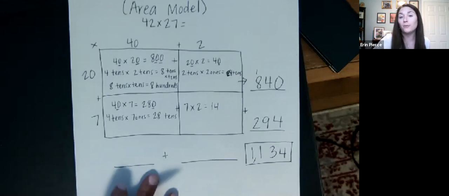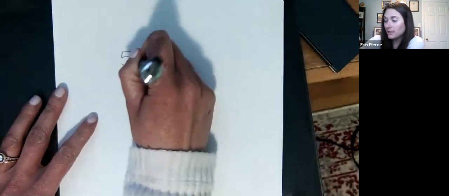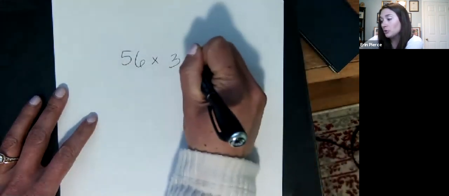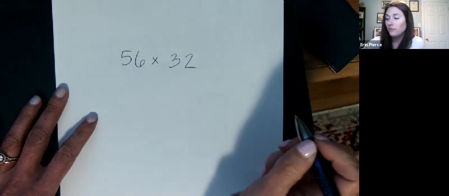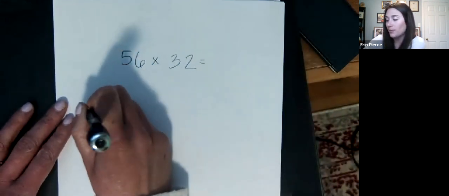All right, let's try another one. So I'm moving this out of the way. My question is going to be, let's say, I'm making it up off the top of my head, 56 times 32, okay? 56 times 32. So what you want to do is you're going to draw your box.